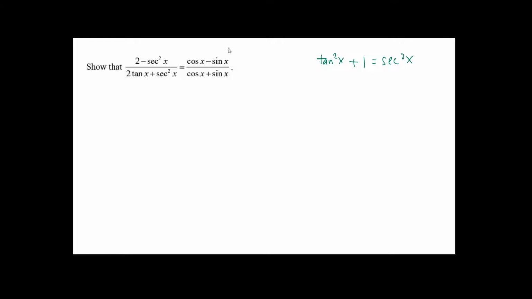Okay, so let's start off proving by copying what is on the left hand side. So we have 2 minus secant square x over 2 tangent x plus secant square x. Next, I'll replace secant square x by tangent square x plus 1. So I have 2 minus (tangent square x plus 1) in the numerator.